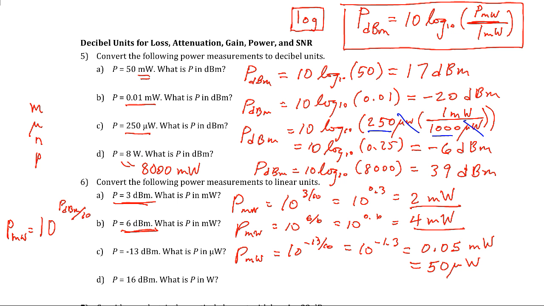Finally, P in milliwatts for part D here is 10 to the 16/10, or 10 to the 1.6. On my calculator, 10 raised to the 1.6 gives me 3.98 times 10 to the 1, 39.8. I'm going to go ahead and call it 40 milliwatts.